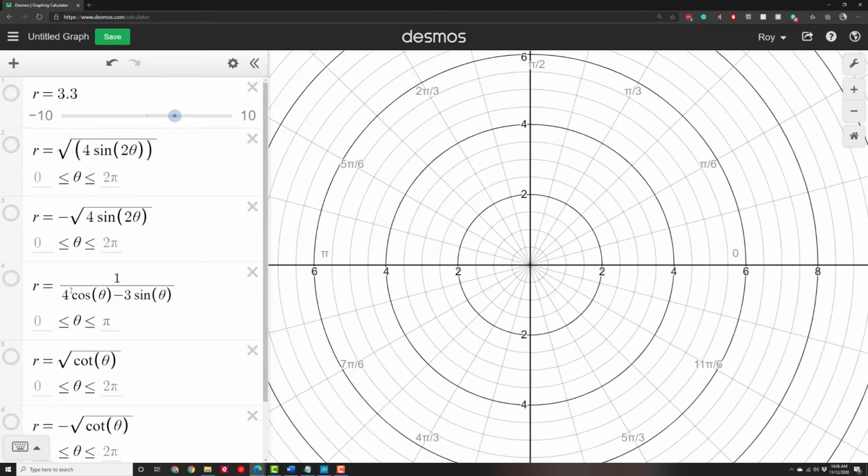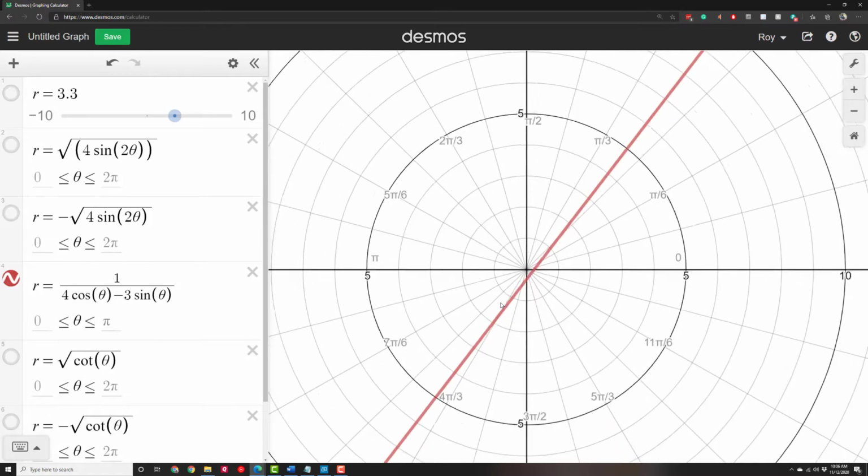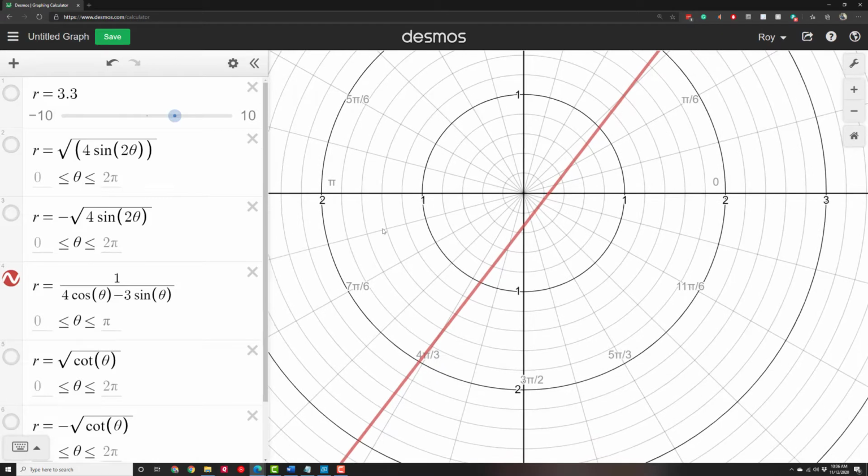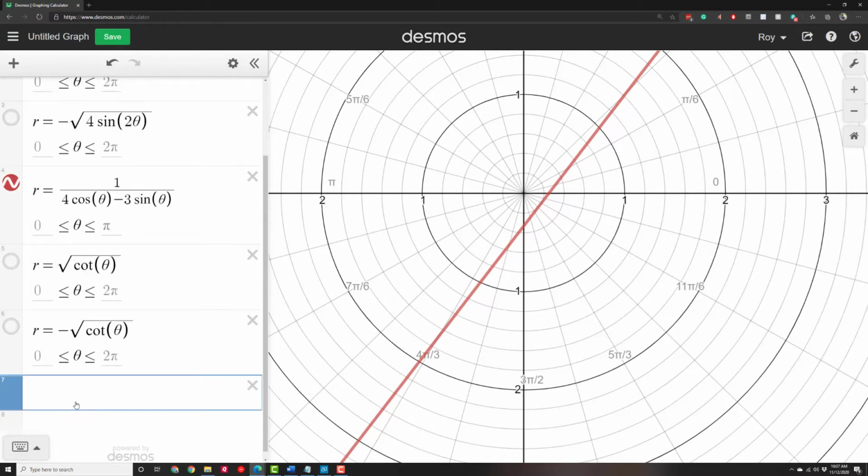The equation that was r is equal to 1 over 4 cosine of theta minus 3 sine of theta. We said that was a line, and you could totally see it is. And by the way, I think in that problem specifically, when we solved it or put it in rectangular coordinates, we got 1 is equal to 4x minus 3y.